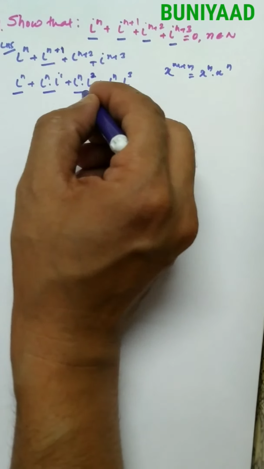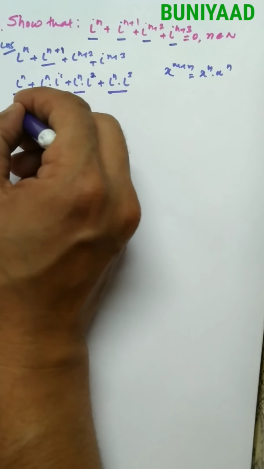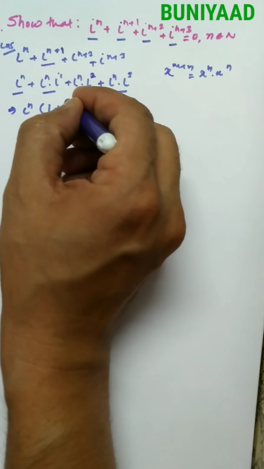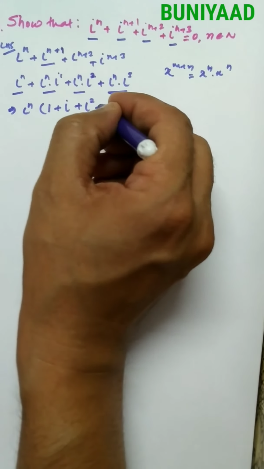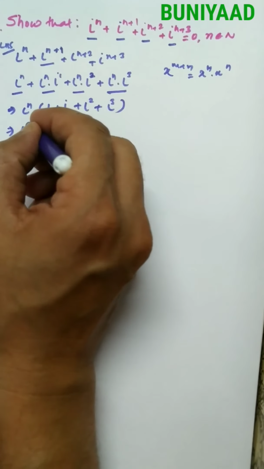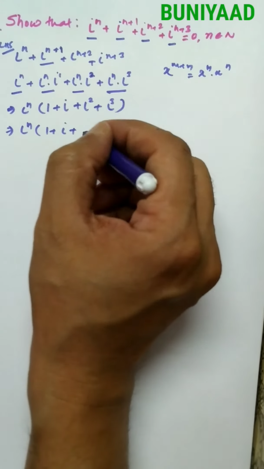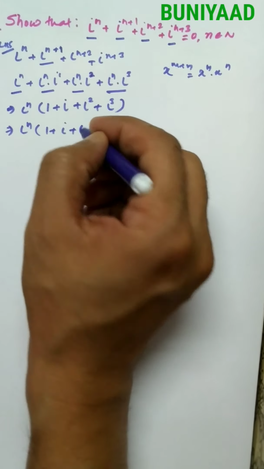Now out of these four terms, what is common? Iota raised to power n is common, so you are left with 1 plus iota plus iota square plus iota cube. You know the value of iota square is -1.